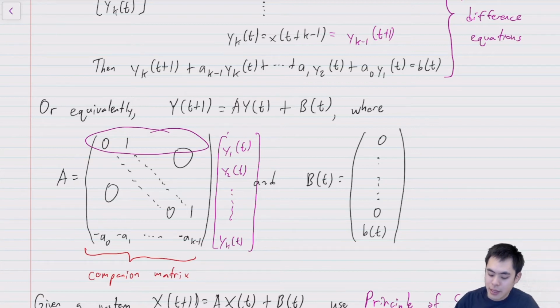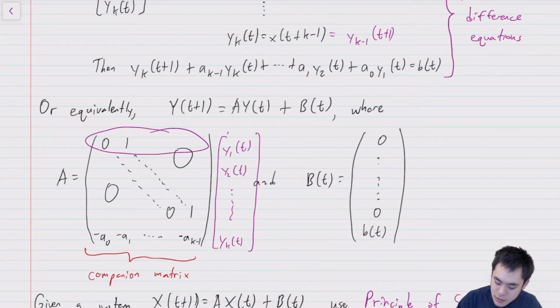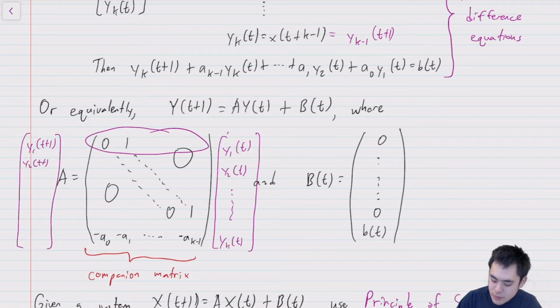And so you get, let me write this a little more clearly, that y of t plus 1 is equal to, so the very first entry there is y1 of t plus 1, y2 of t plus 1, etc. So that's equal to A times that.